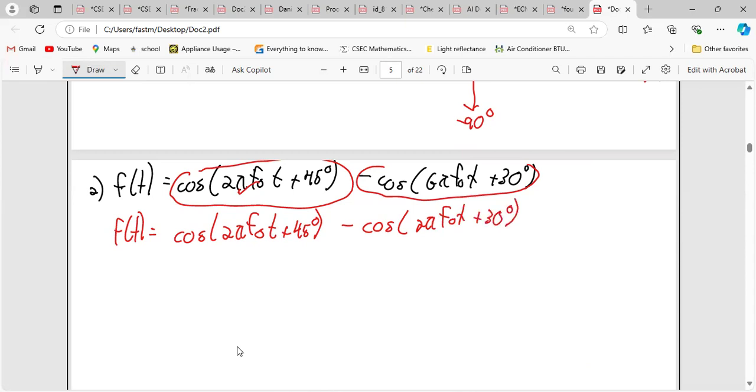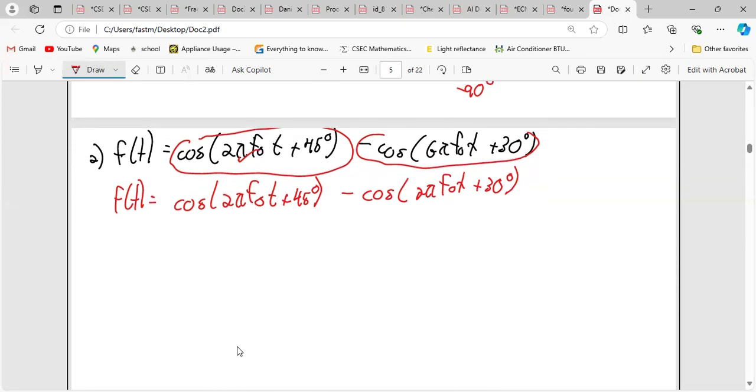Right, so you have that. Good. So we have the 2 pi f naught t, which is good. So check. The third thing we need to look for is sums. So there's our sum, good, but there's our minus. So you have to convert this minus cos to positive cos.